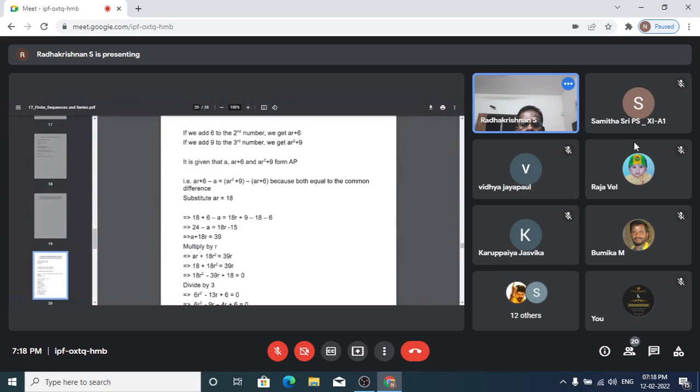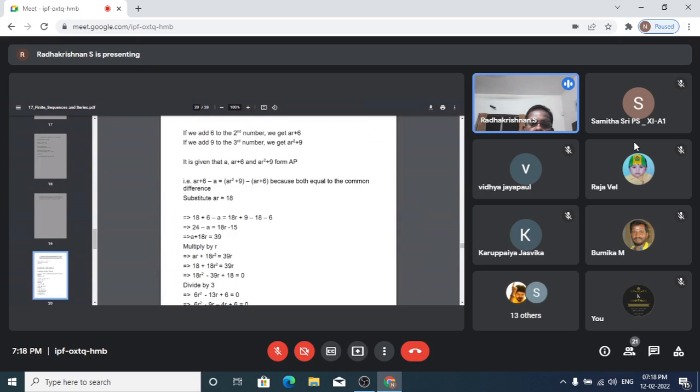That means the difference is common. The difference between second term and first term will be equal to the difference between third term and second term. AR plus 6 minus A is equal to AR square plus 9 minus AR plus 6, because both are equal to the common difference. So we get this equation.